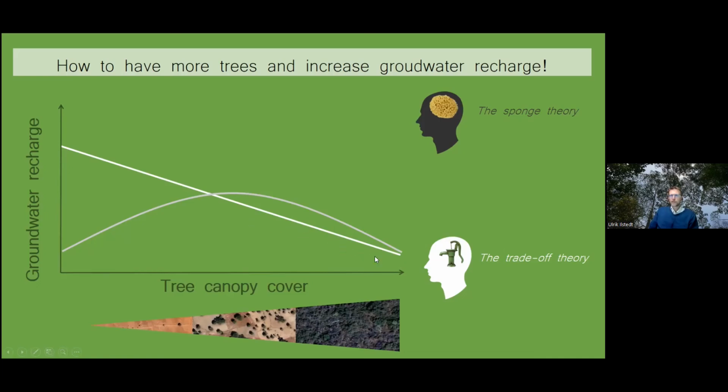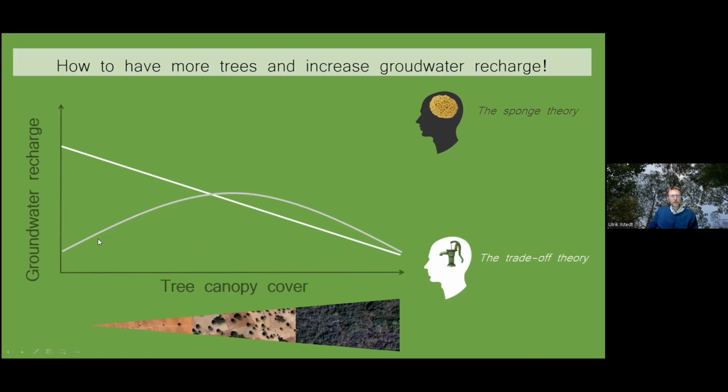We can also have it in tropical countries where we have sandy soils or maybe volcanic soils that are not affected by trees, or the infiltration capacity is large enough so that anyway, with or without trees. So there are such soils.